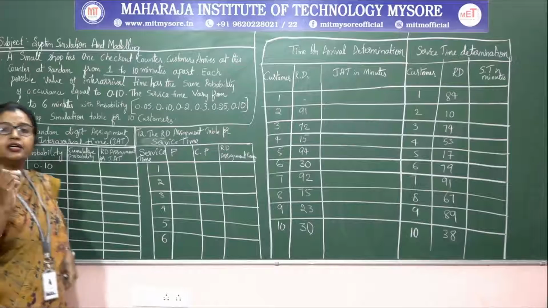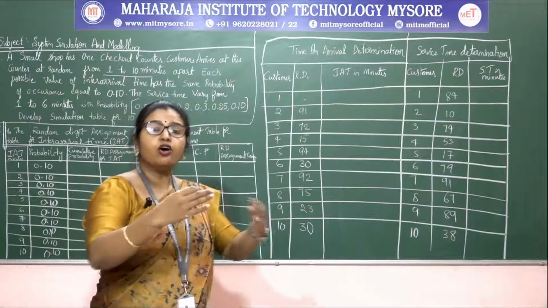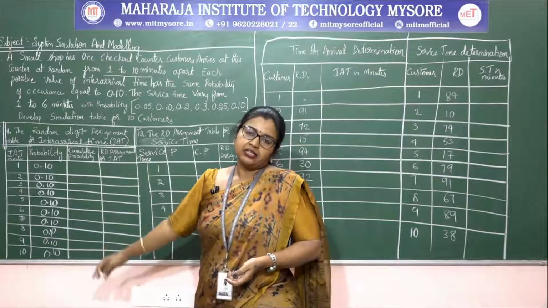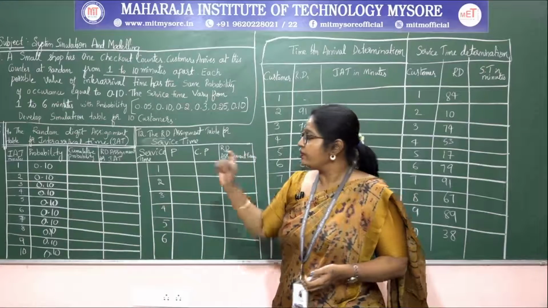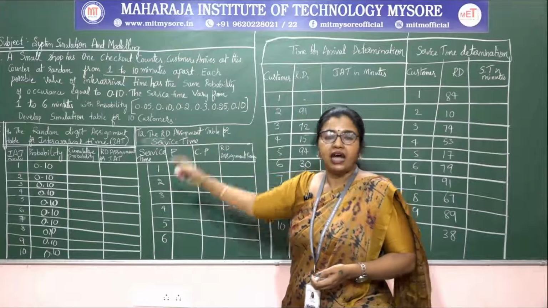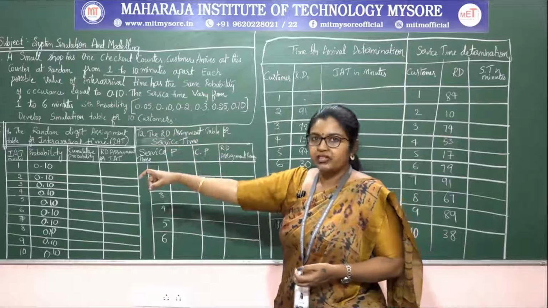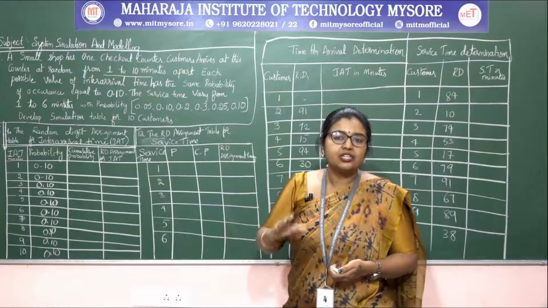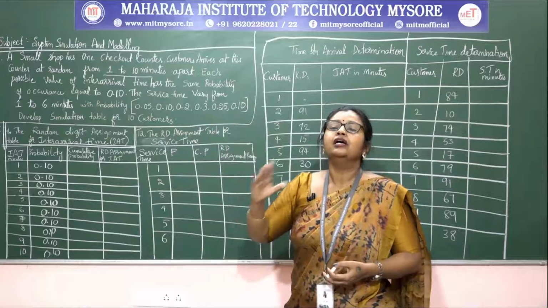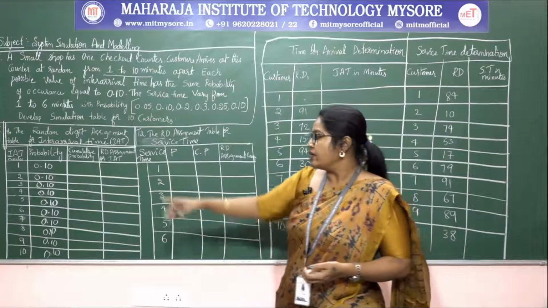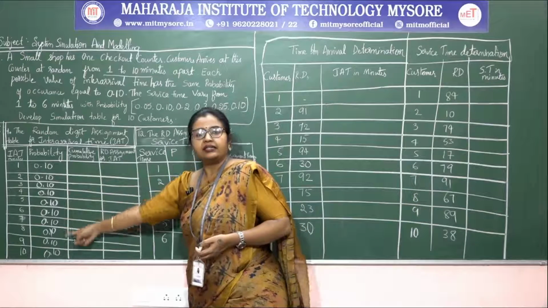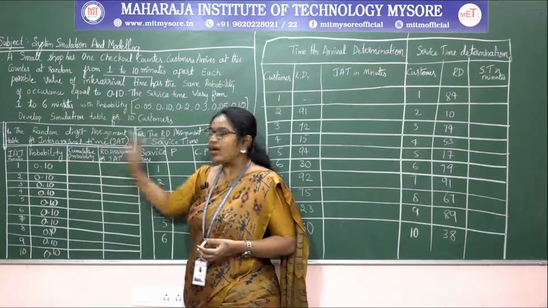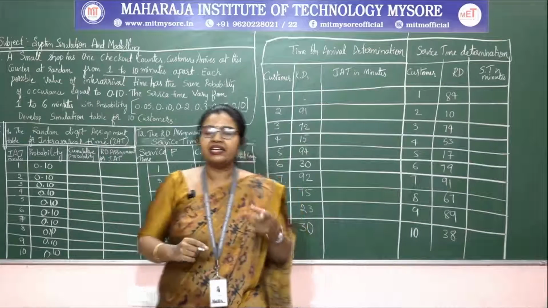That means the probability is uniformly distributed for all the 10 minutes. 10% is for 1 minute, another 10% is for 2 minutes, another 10% for 3 minutes, like that, equally distributed among all the 10 minutes. So that's why I have written 10 each. Okay, so 10% each.